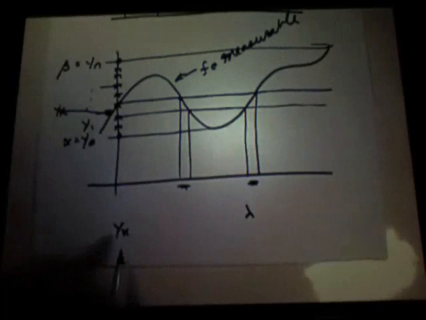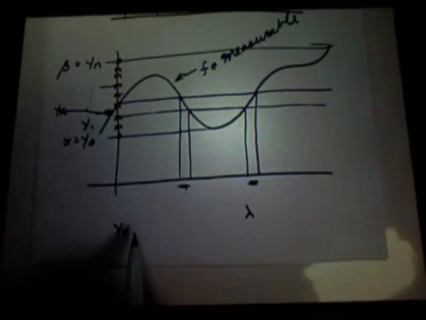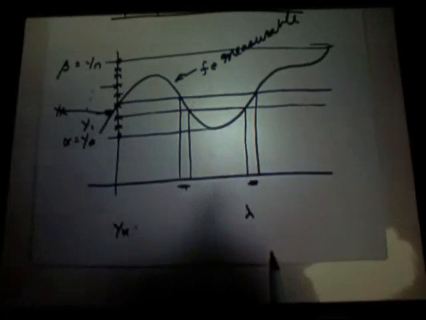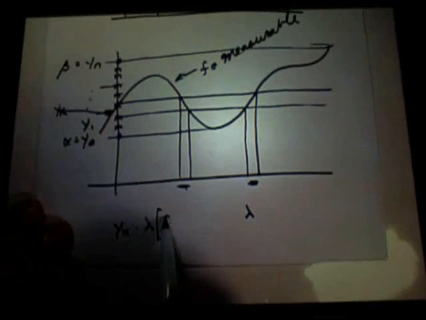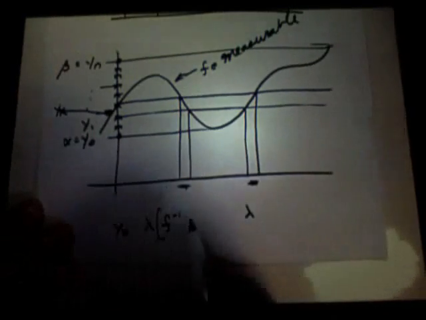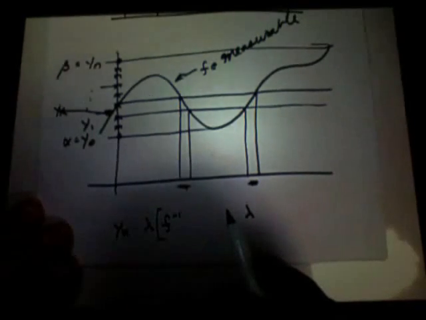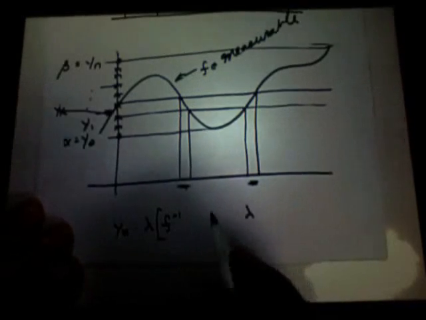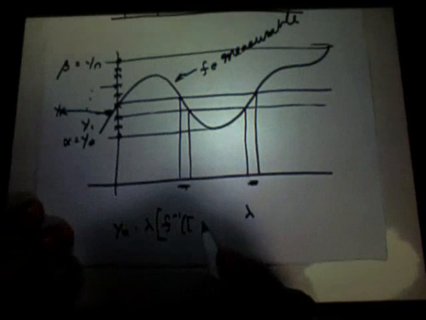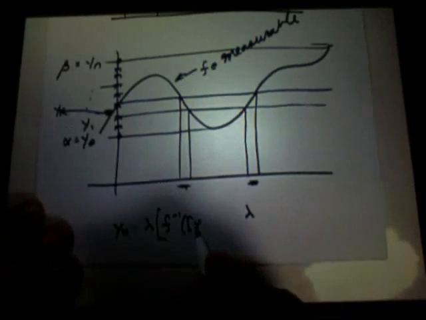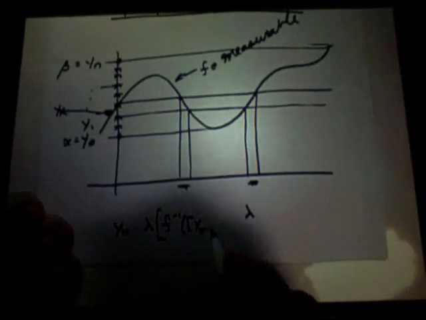If I take y sub k and I multiply him by the measure of the pre-image of the subinterval. So it's the pre-image of the interval y sub k minus 1 to k.